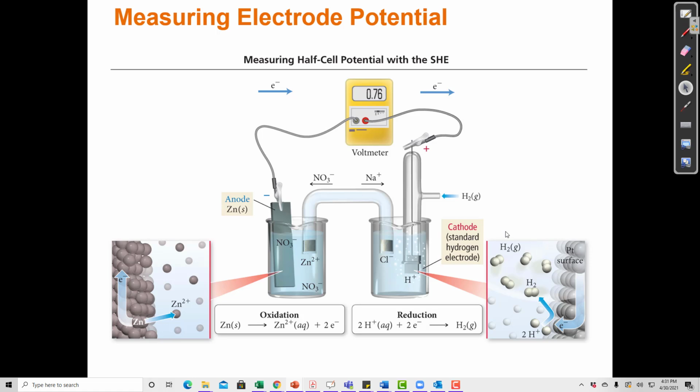And so we can see that as the electrons move this way and they come into the solution, the electrons leave the platinum surface and they reduce the H plus ions, and the H plus ions then form hydrogen gas. So when we measure a potential this way, we call that the standard cell potential, as long as we're at 25 degrees C.